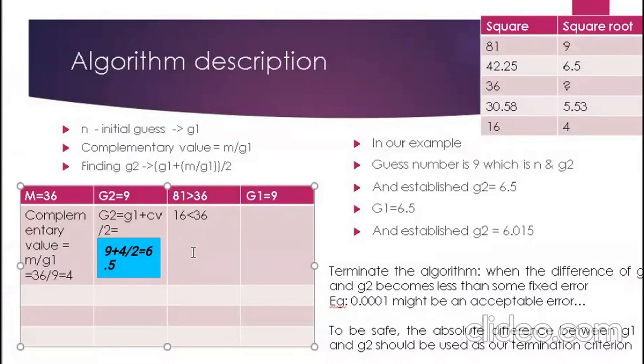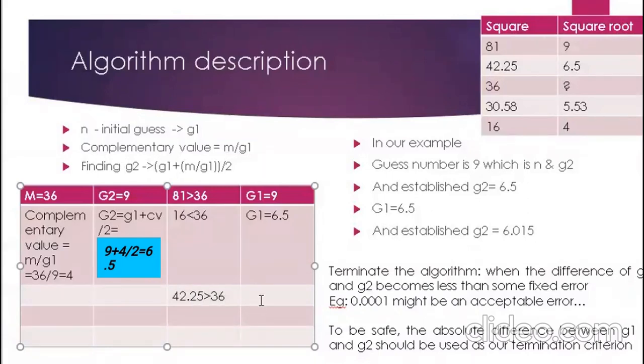Now, what is the square of 6.5? So this 6.5 is the new G2 value. Immediately it gets copied to G1. See, now your G1 is updated to 6.5. Now what is next? The 6.5, you will find the square of 6.5, which is 42.25, which is greater than 36, right?